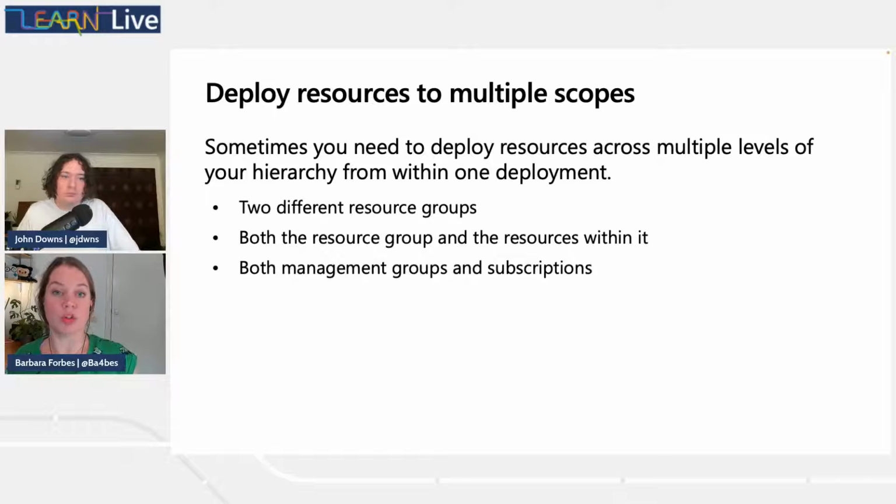If that's the road you decided to go with, then it would be handy to be able to do that in one template. But another great one, especially if you're doing a subscription, is to create both the resource group and the resources within it. Before we had subscription templates, you would first have to use, for example, PowerShell to create a resource group and then do the deployment. So you can do that now in one step.